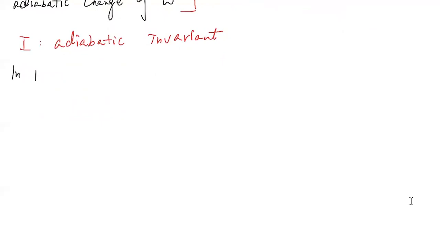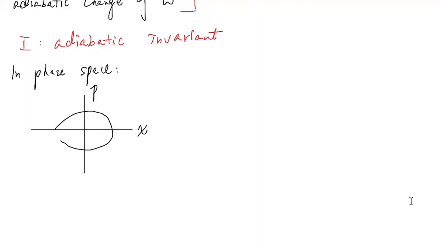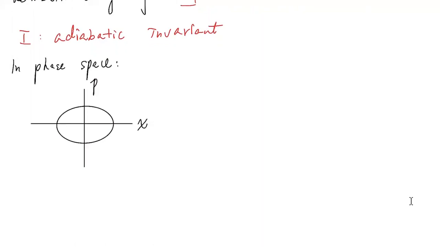Of course, in phase space, for a one-dimensional harmonic oscillator, this is very simple. You have x and the momentum. The phase space is basically an ellipse.